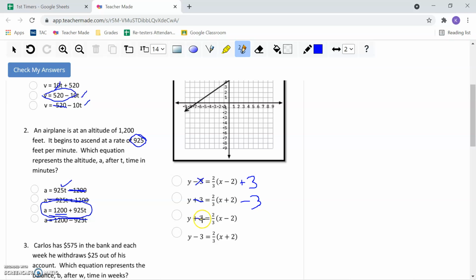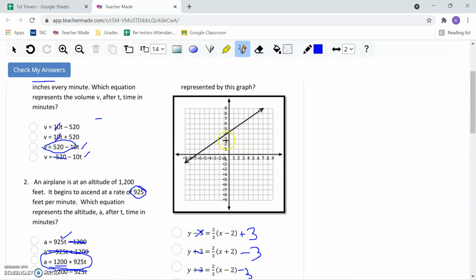This one is a positive, so it becomes a minus 3. And this is a negative 3, so it becomes a positive 3. Now you're ready to graph each one and then just match with this graph to see which one looks exact. Just look at these key points. Look where it's crossing right here at 4 and look where it's crossing right here. And then just check your graph on decimals.